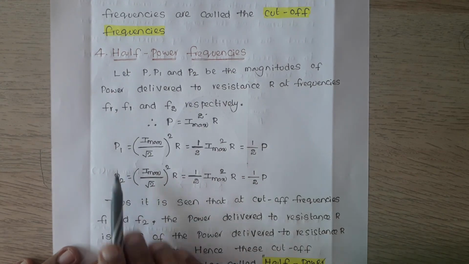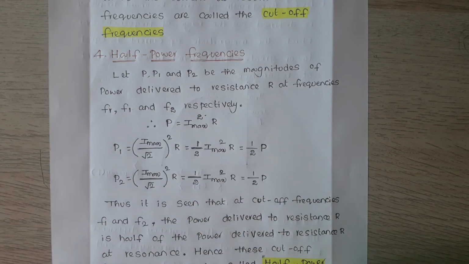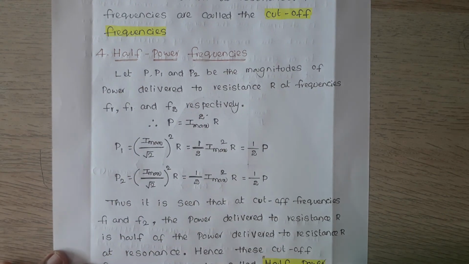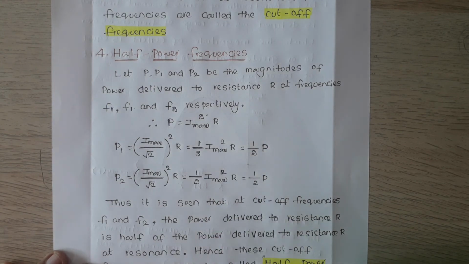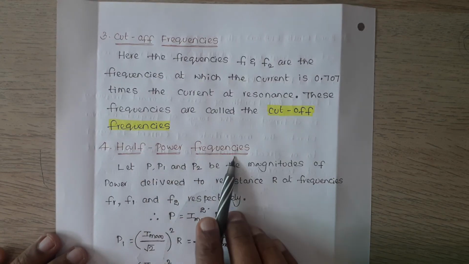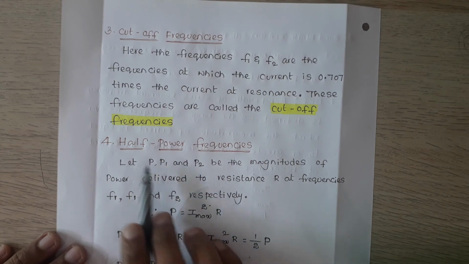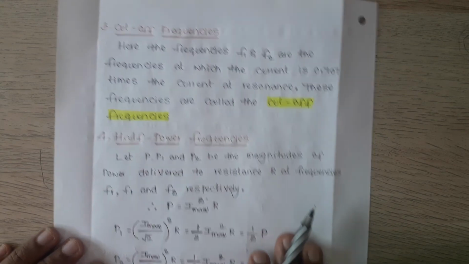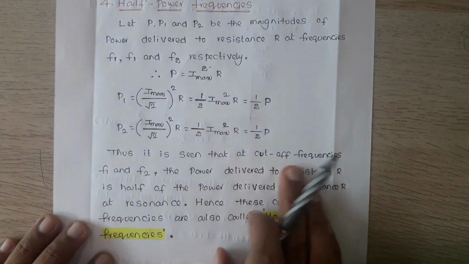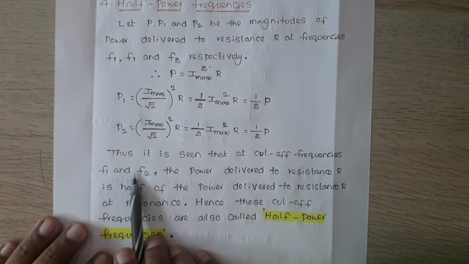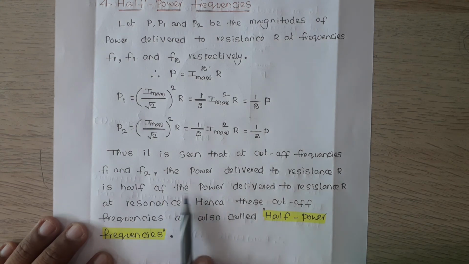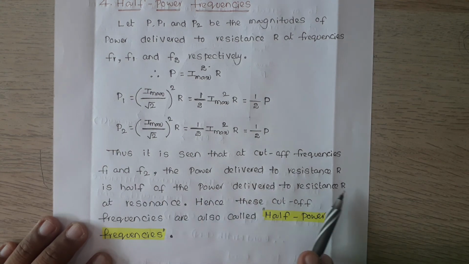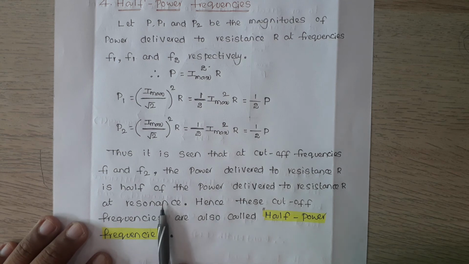So if you observe, P1 and P2, the power delivered to the resistor at the cutoff frequencies, is half of the power delivered to the resistor at resonance. That's why F1 and F2 are called half power frequencies. Thus it is seen that at cutoff frequencies F1 and F2, the power delivered to resistance R is half of the power delivered at resonance.